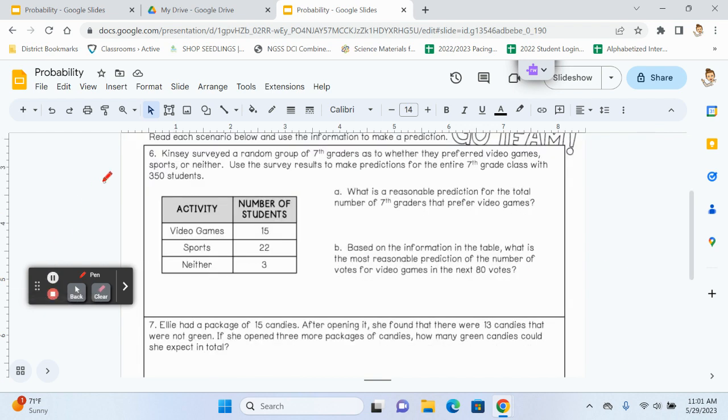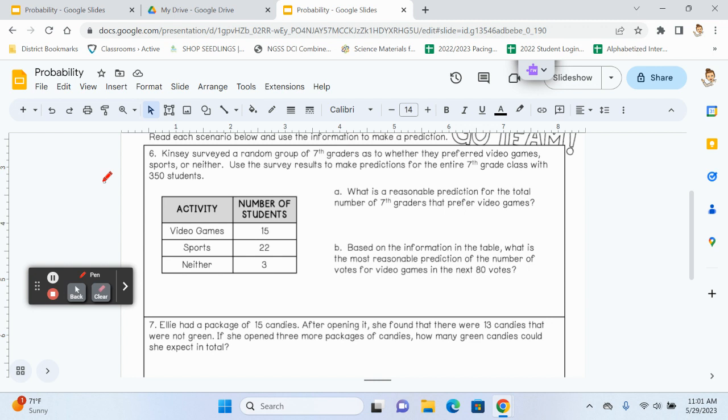Okay, let's take a look at our example. Kinsey surveyed a random group of 7th graders as to whether they preferred video games, sports, or neither. We're going to use the survey results to make a prediction for the entire 7th grade class with 350 students. Basically, like they said, this was a random group, so it wasn't all 350 students.